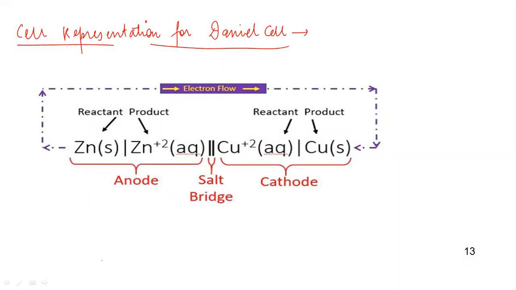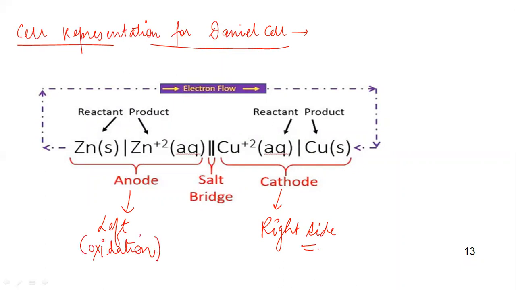Now, here anode is in the left side. You can see here, anode is in the left side and cathode is in the right side. Okay. Now, here oxidation takes place. Here oxidation takes place. And here reduction takes place.